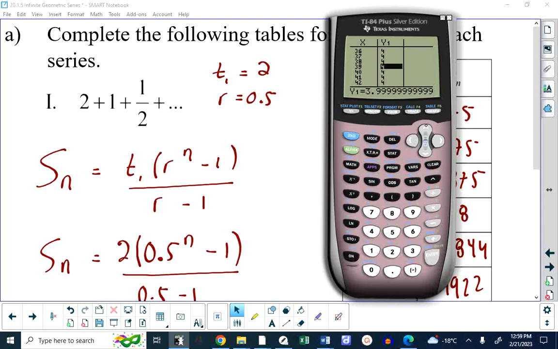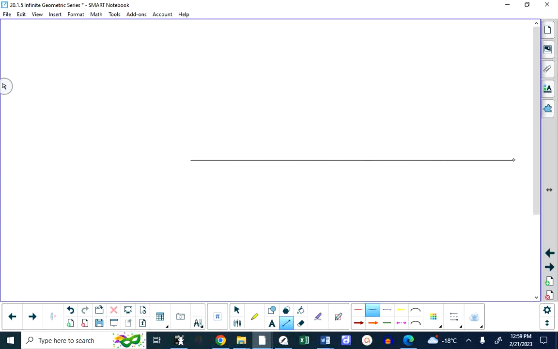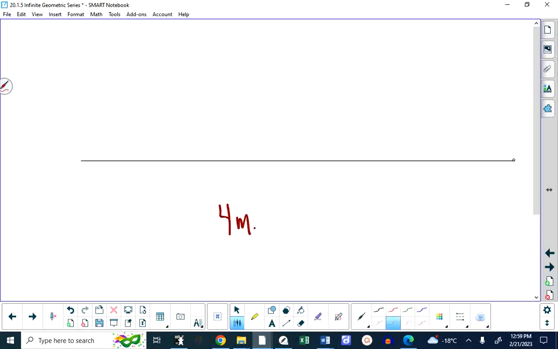I would like you to imagine that I have a distance of 4 meters from one point to another. And I'm going to start here on the left.